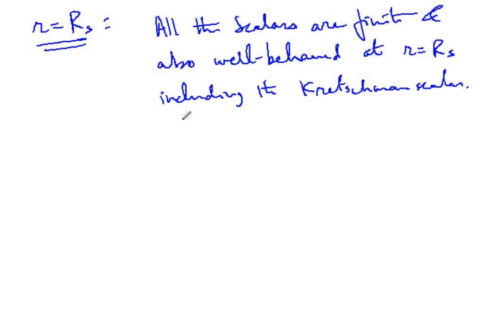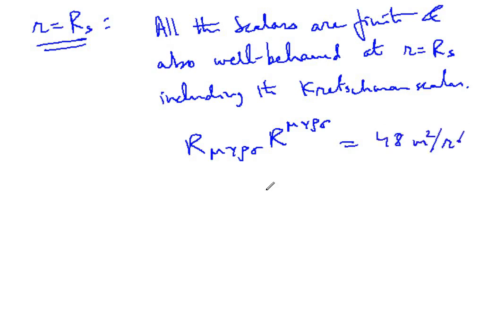Okay, now let me write down the value of this Kretschmann scalar. R mu nu rho sigma R mu nu rho sigma, and you must remember the value is 48 G squared M squared by c to the power 4 r to the power 6. You see, r to the power 6.